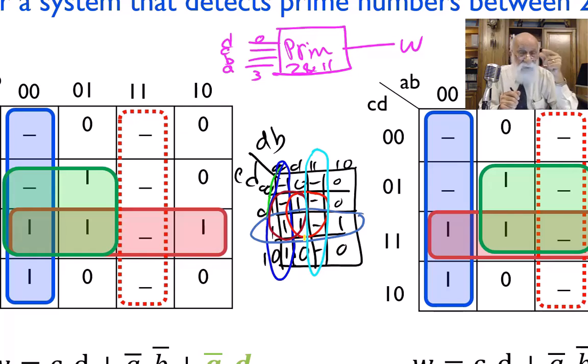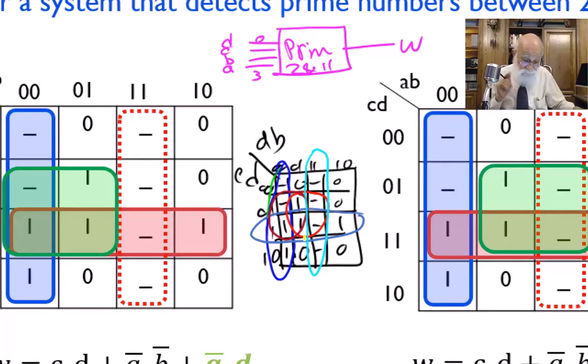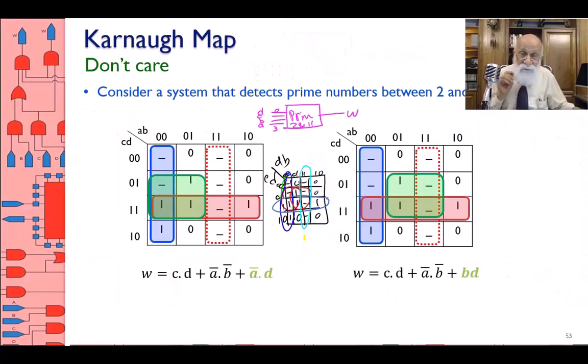Now let's look for the essentials. When I'm looking for the essentials, I don't care about the don't cares anymore. What I say is, when I'm looking for essentials, I will only consider the ones. So if there is any one not covered by any other prime implicant, then that is essential. This is a real one, not a don't care one.